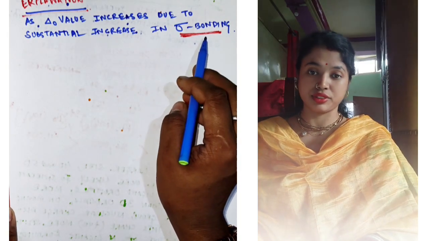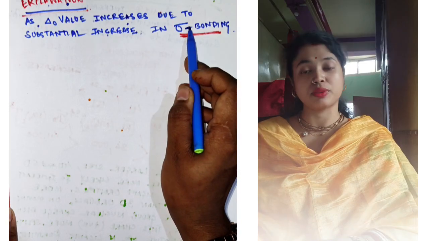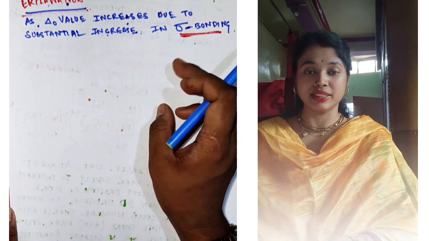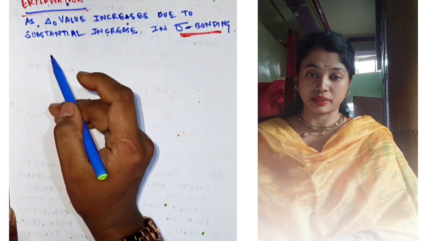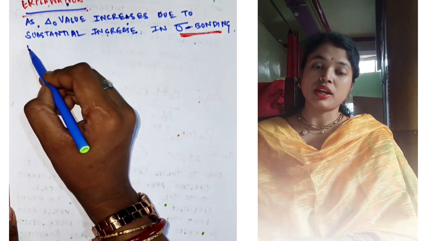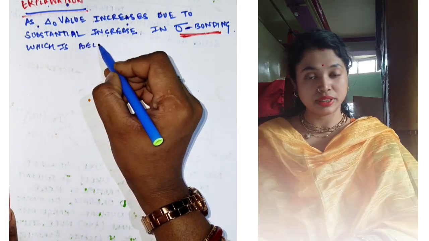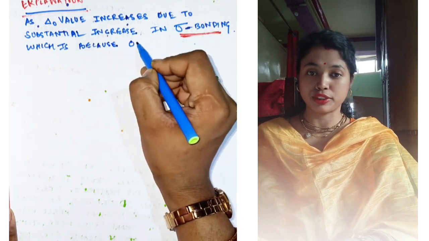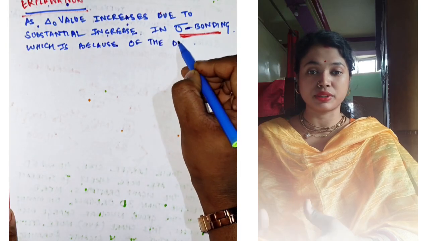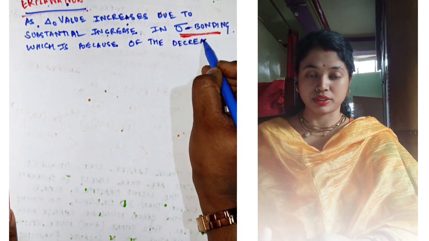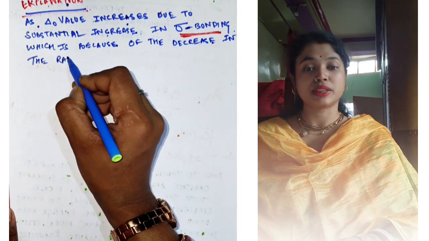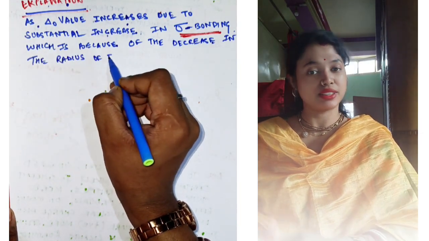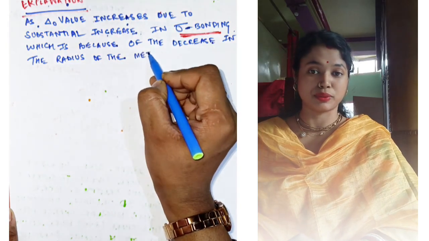As the charge increases, sigma bond becomes shorter and shorter. Why? Because as the charge increases, that means it is losing electrons. Is it not that its size will decrease? Right? So sigma bonding increases because of the decrease in the radius of the metal ion.